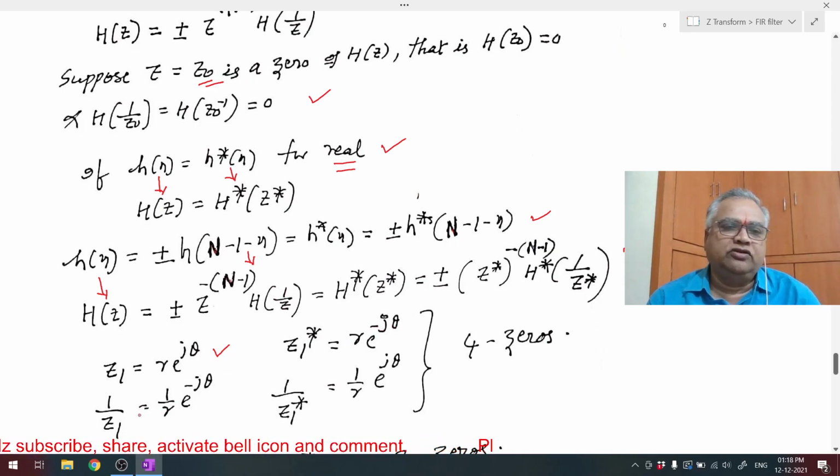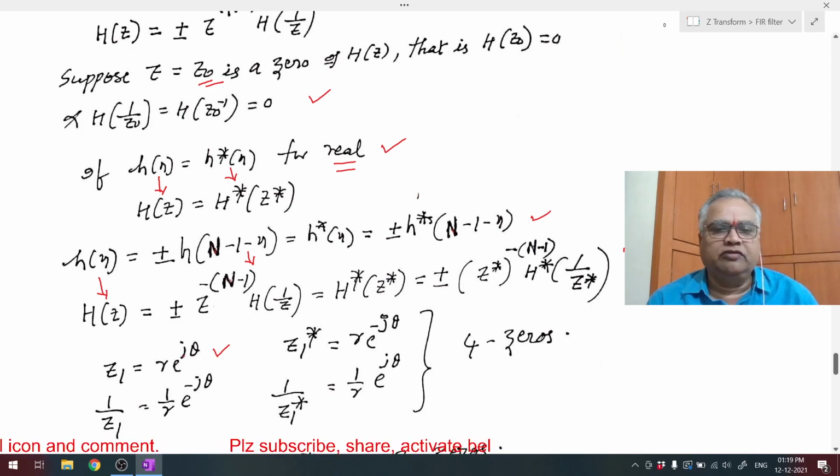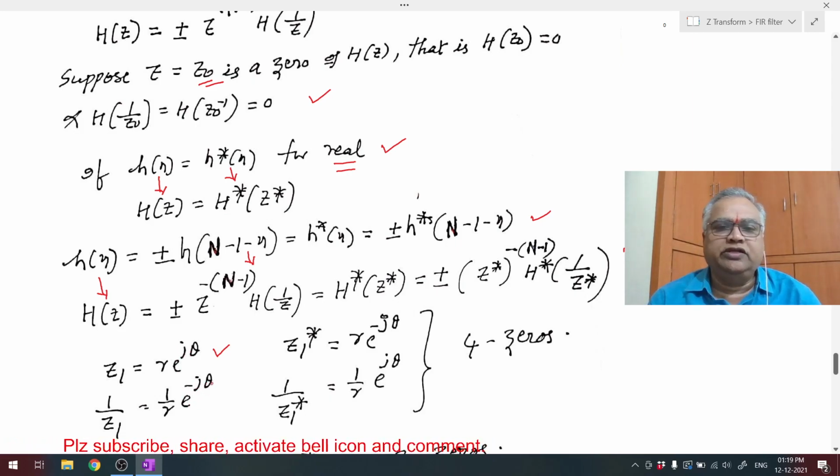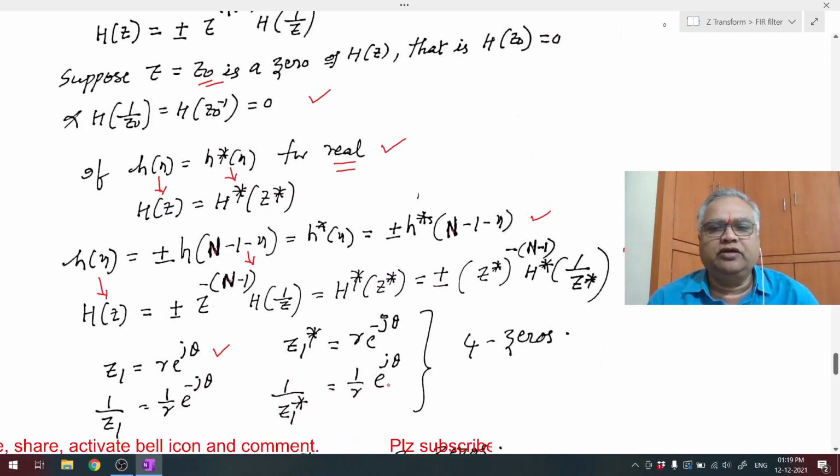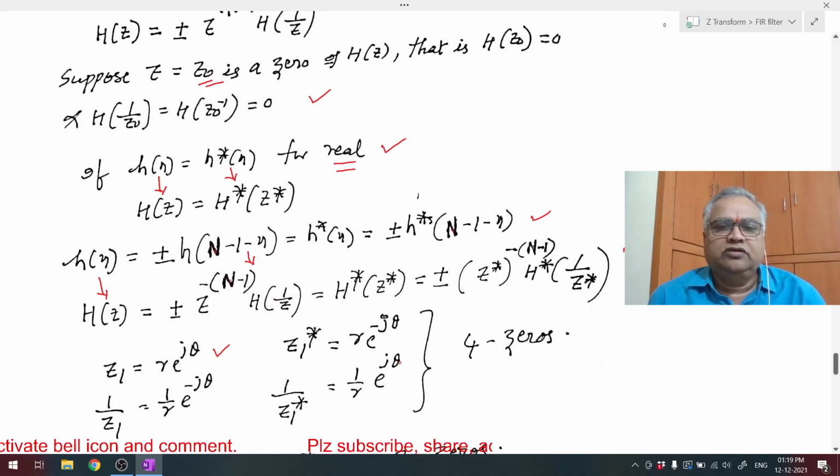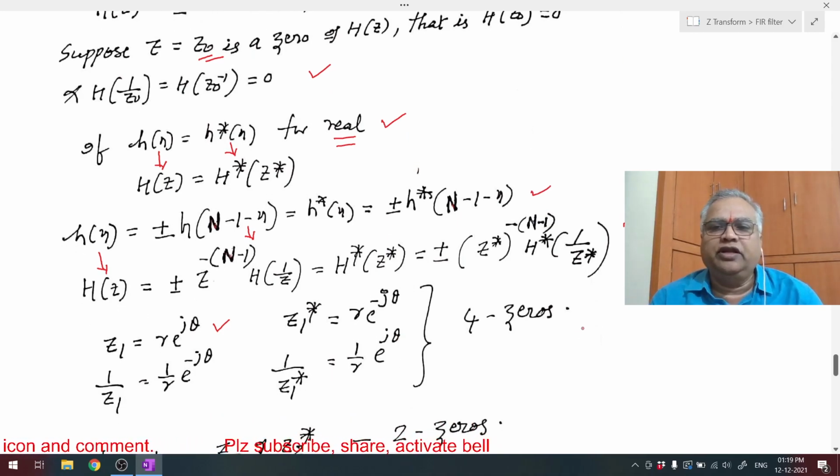Then 1 by Z is also there. What is 1 by Z1? 1 by R e power j theta, that is 1 by R e power minus j theta. Then 1 by Z1 star is 1 by R e power j theta. So this combination contains 4 zeros.